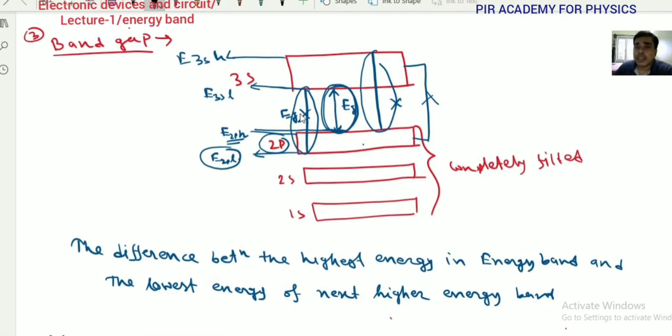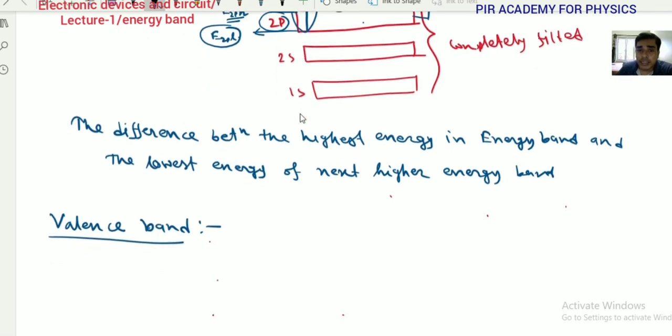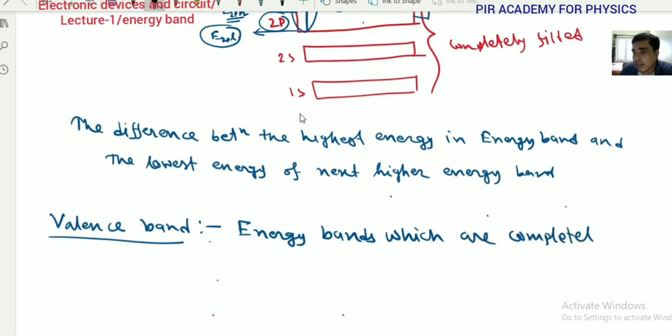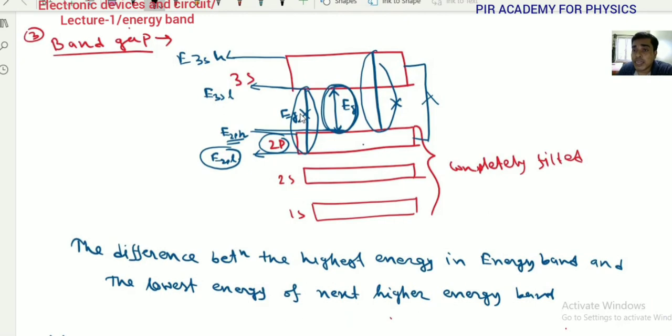The energy bands which are completely filled are called valence bands. Here for sodium, this is a valence band. This 2s is not completely filled, that's why 2s is not a valence band for sodium. For sodium, 2p is the valence band.